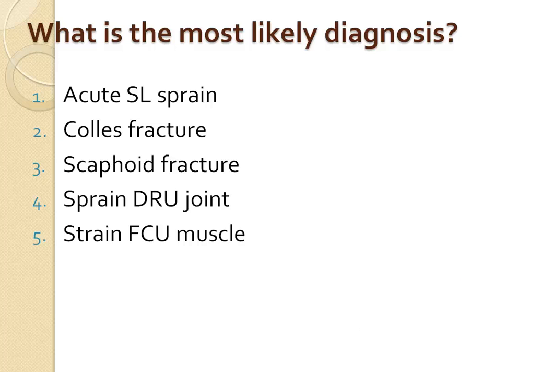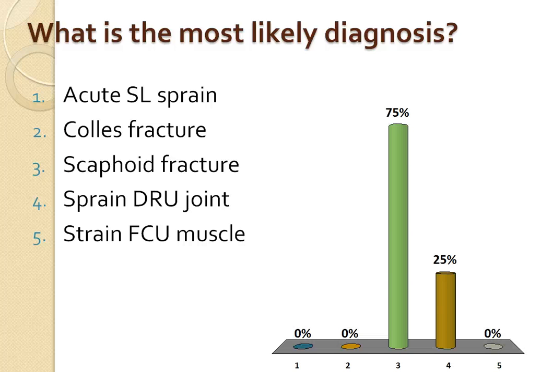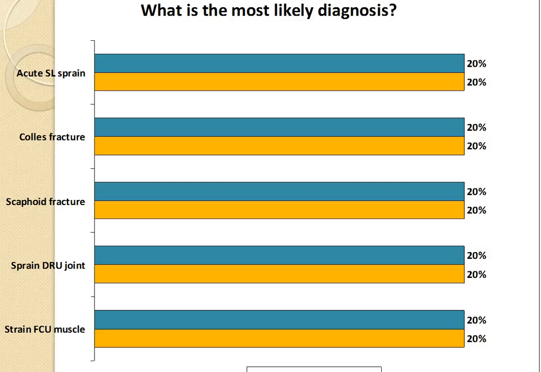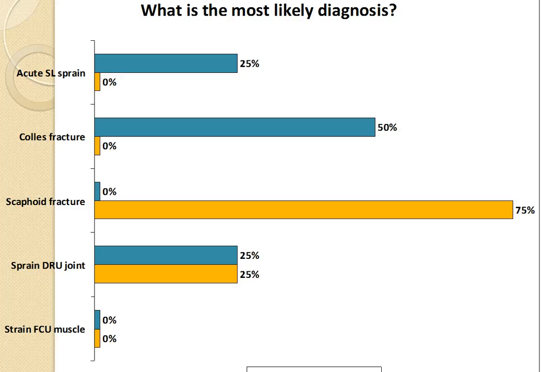So what we see here is, following the information, the majority of people said it was a scaphoid fracture. And there we can see that. 1 person still said it was a sprain of the distal radio-ulnar joint. If we now go to our comparison slide, we can see that overwhelmingly the physical exam findings were enough for the majority of people to say that they could recognize a scaphoid fracture based on the information given.